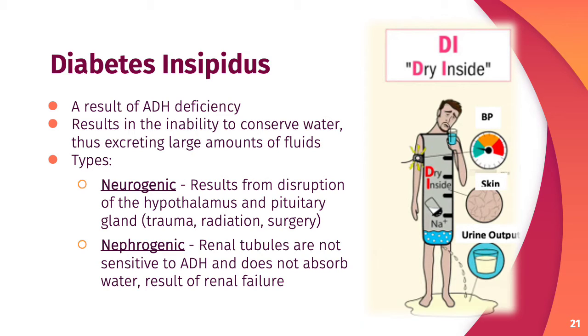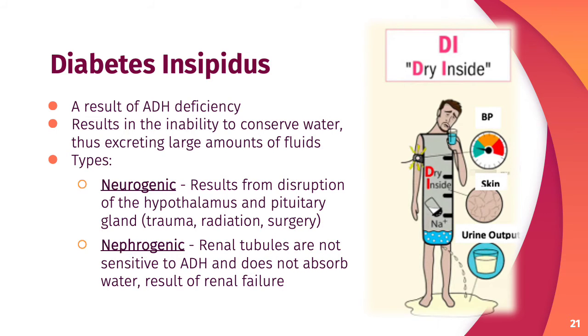We have two types of diabetes insipidus. We have the neurogenic, which results from the disruption in your hypothalamus and pituitary gland, which could be caused by trauma, radiation, or surgery. And we also have nephrogenic, where the renal tubules are not sensitive to the antidiuretic hormone and do not absorb water, which could be a result of renal failure.